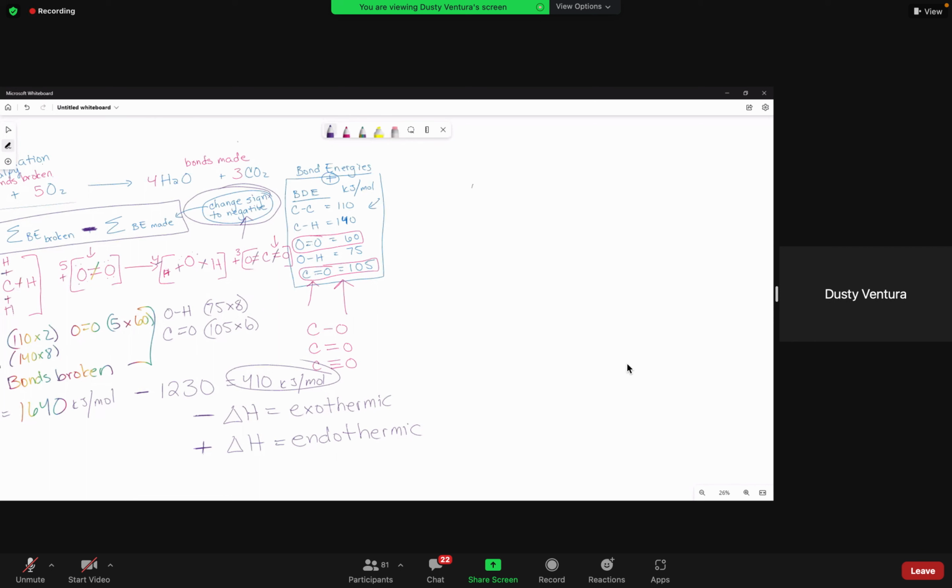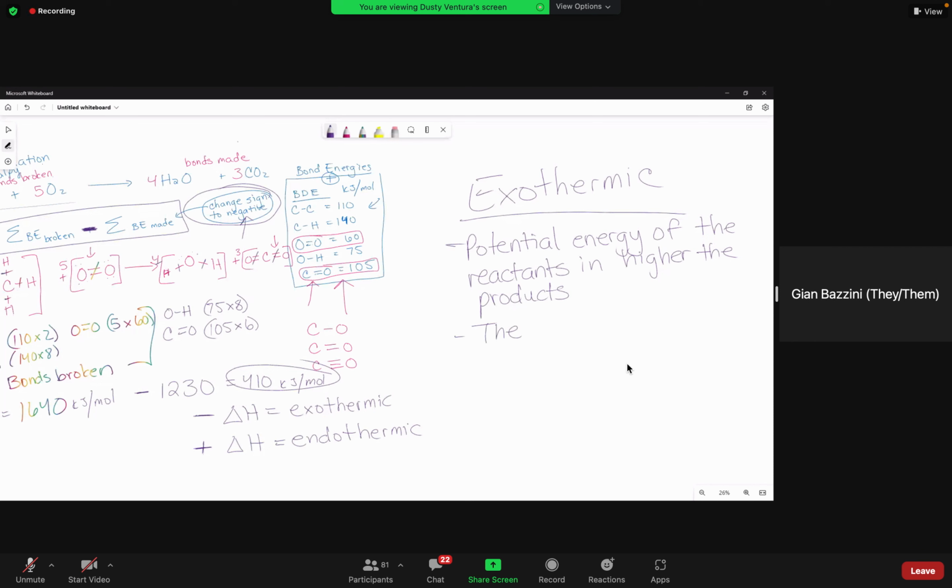So, let me continue to attach things to these words. Exothermic means many things. It means that the potential energy of the reactants is higher than the products. Or a negative enthalpy.